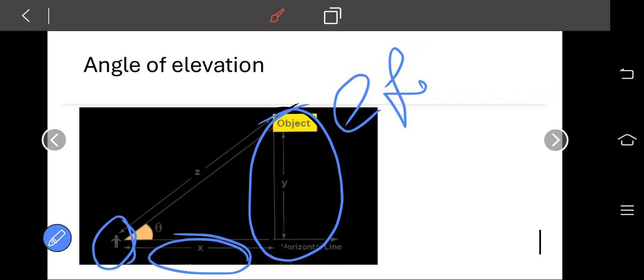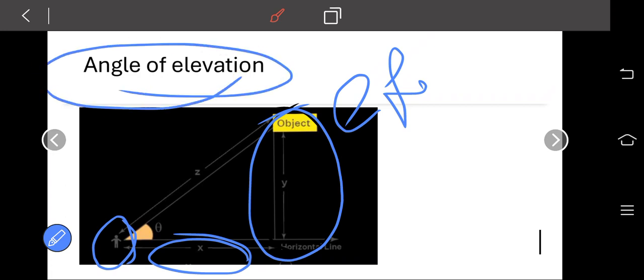That means if you look exactly straight, the level at which you can see in the exact straight line, the level of your eye, is called the horizontal line. So you are seeing above your eye level, right? When you see something above your eye level, that is called angle of elevation.